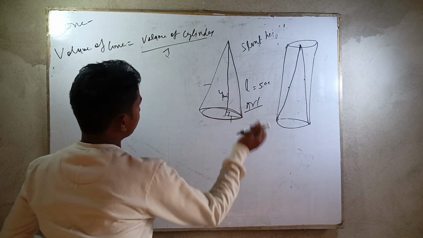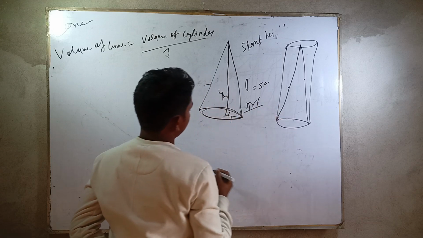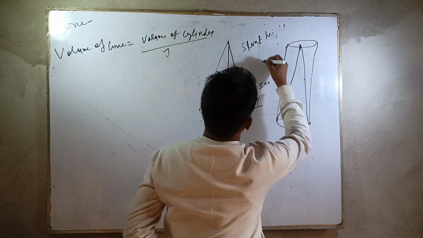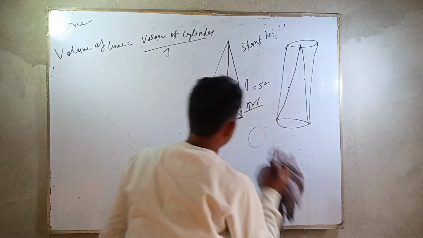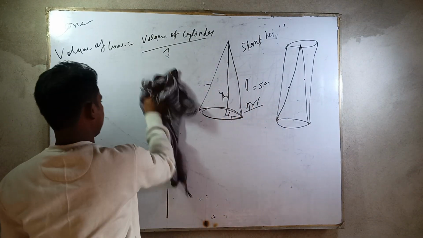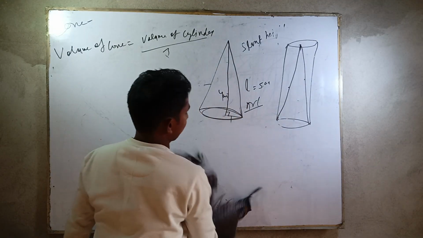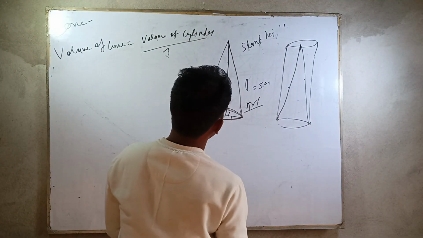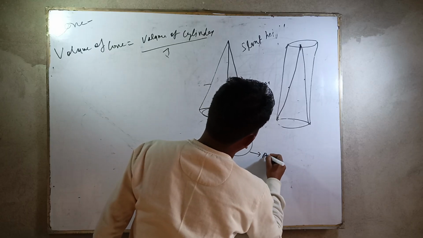I know that its lateral surface area is pi r l. The area of a circle equals pi r squared.